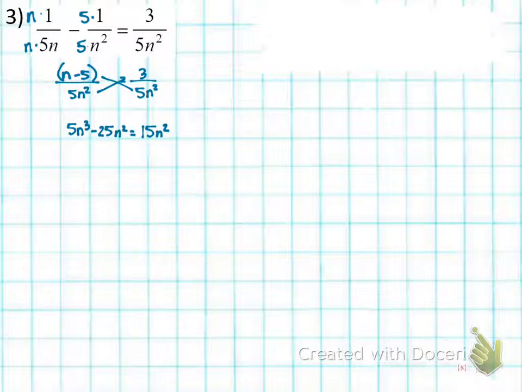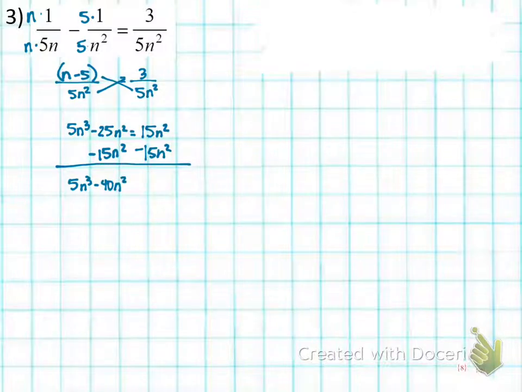Next thing we're going to do is subtract 15n squared on both sides. When we do that, we get 5n cubed minus 40n squared, which is all equal to 0.